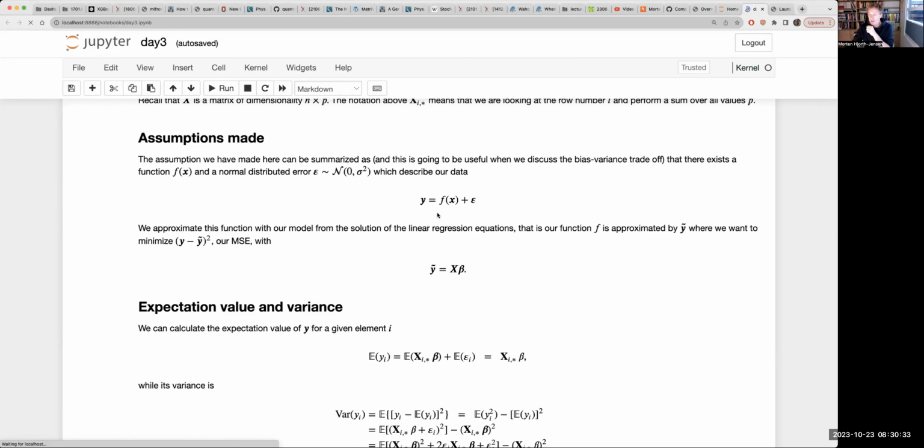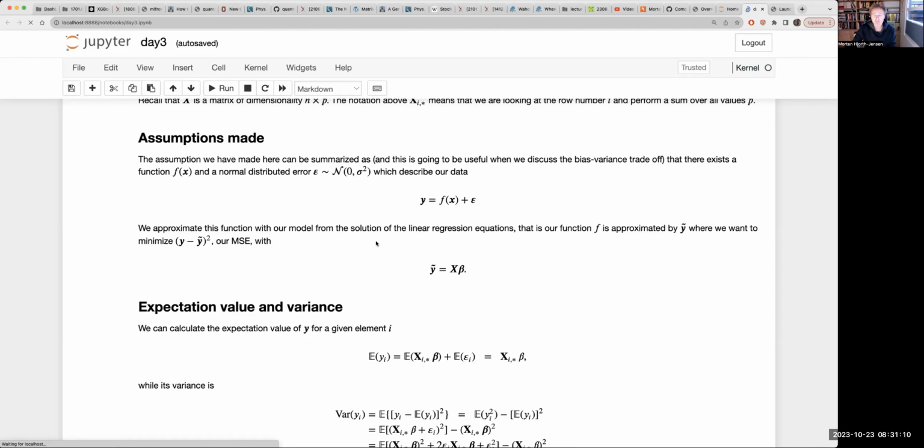So the assumption we are making is that in the case of a continuous function y, there is a continuous function f, which is assumed to be a non-stochastic function. So this is a well-defined function. It could be a function of cosines, of sines, or any other type of polynomial. And then there is a noise, which we assume to be normally distributed.